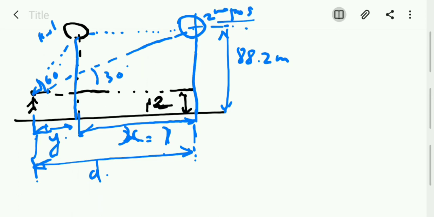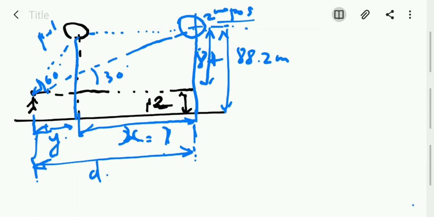In the first position, since I know the height is 1.2, this would be 87, correct? So the height of the balloon from the girl's eyesight is 87.